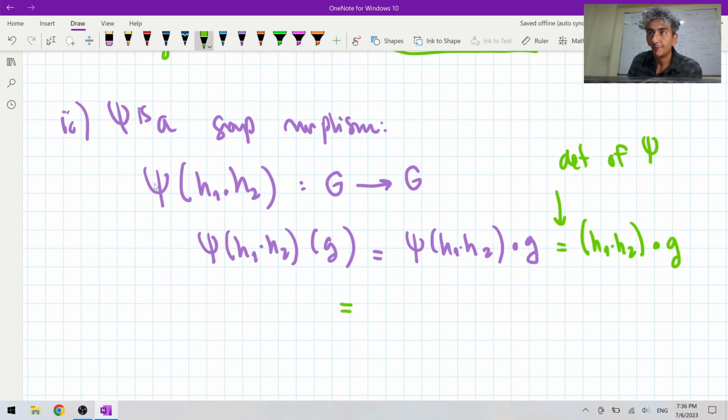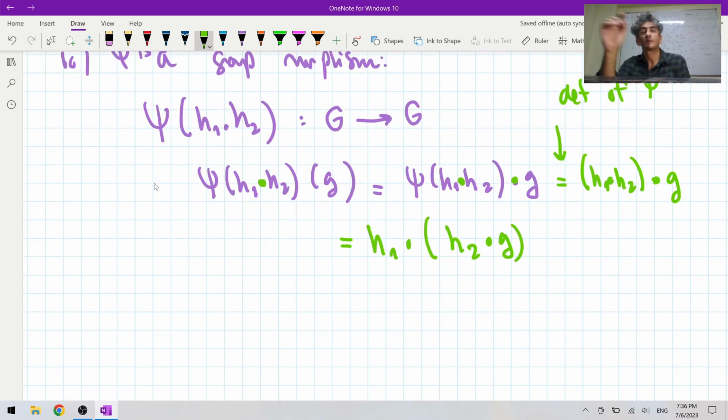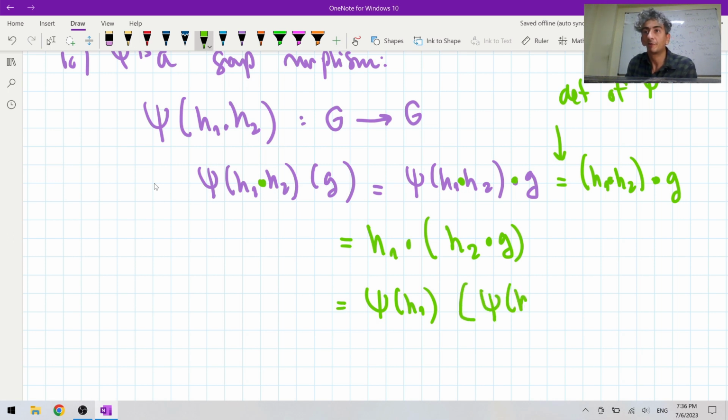These dots are all multiplications in G, right? And now we use that multiplication is associative, right? So this is h1 multiplying these two guys together, right? And this is simply psi of h1 applied to psi of h2 applied to g.